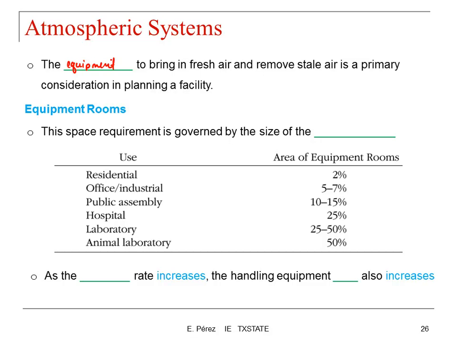We need to plan for the space requirements for such a system. So for equipment rooms, this is the space you're going to need to place the systems, and the space requirements are governed by the size of the equipment room.